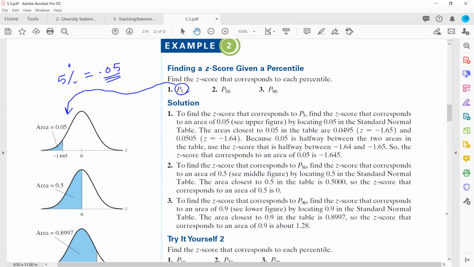Very well. We can look at our table. Let me pull up the Z table PDF here for you, so I can write on it.